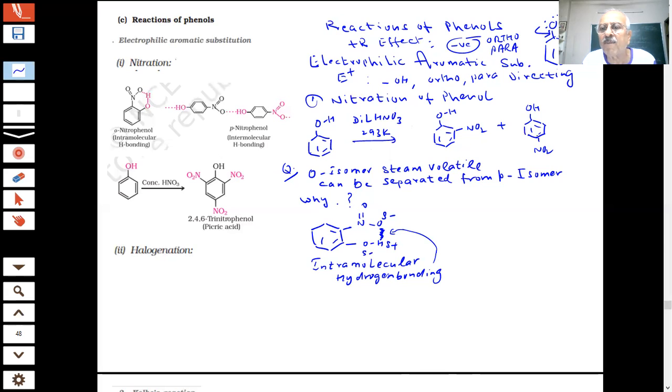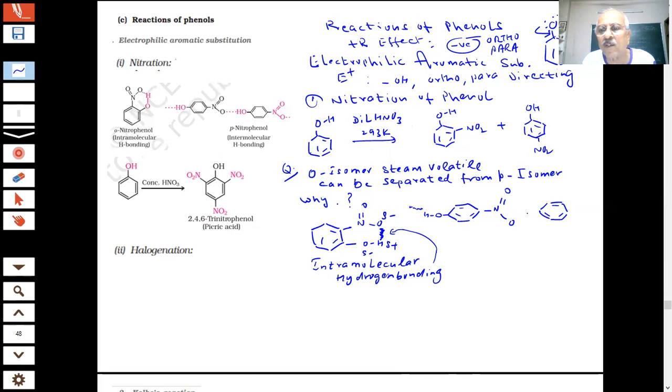But in the case of paranitrophenol, what happens? If you see paranitrophenol, let us draw the paranitrophenol, student. You have N double bond O, you have O, and you have OH. Then more hydrogen bonding is going to take place with another molecule, student.